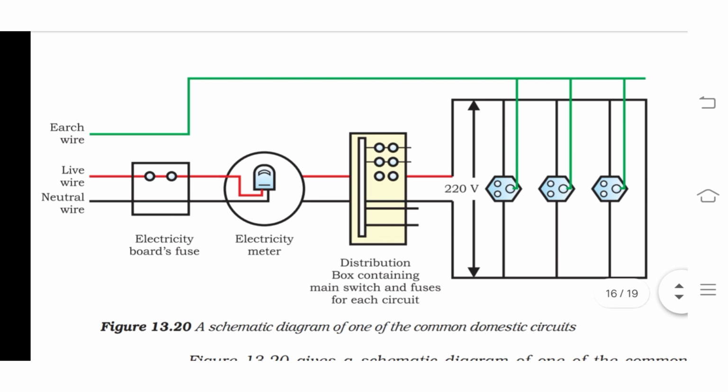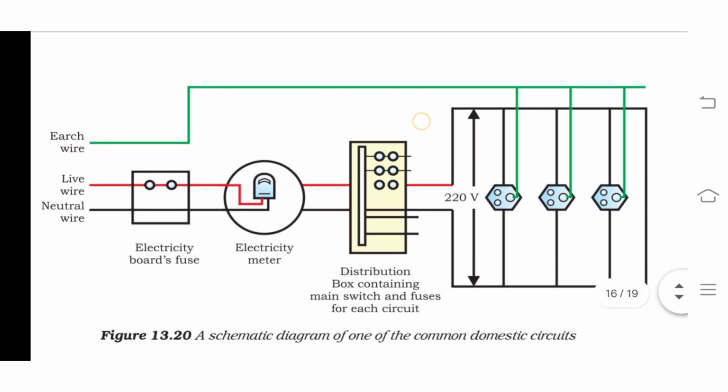So see here, that is the green wire, the red wire and the black wire. The green wire is the earth wire, the red wire is positive, and the black wire is negative.